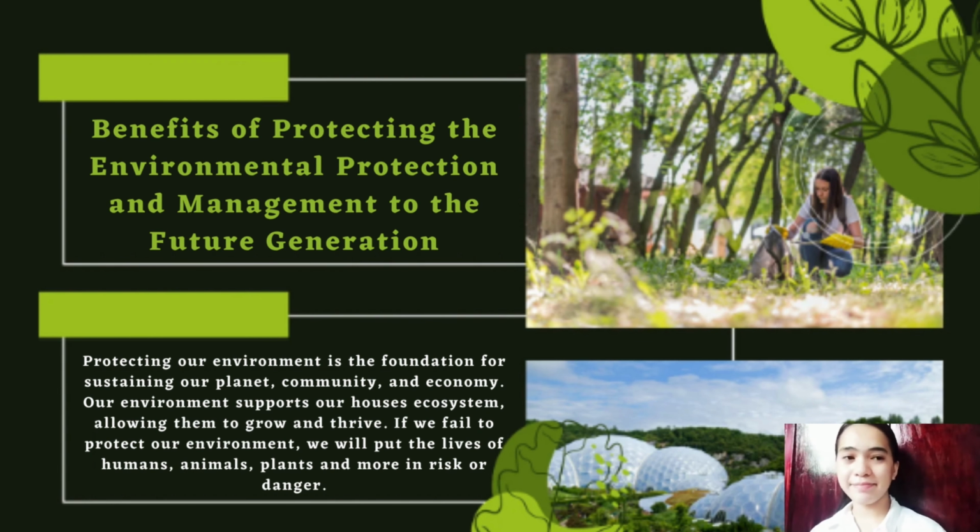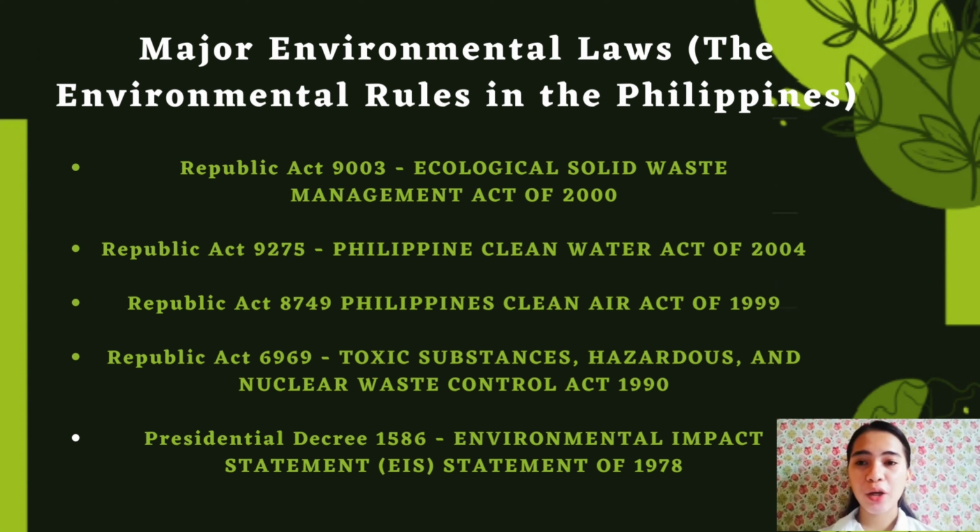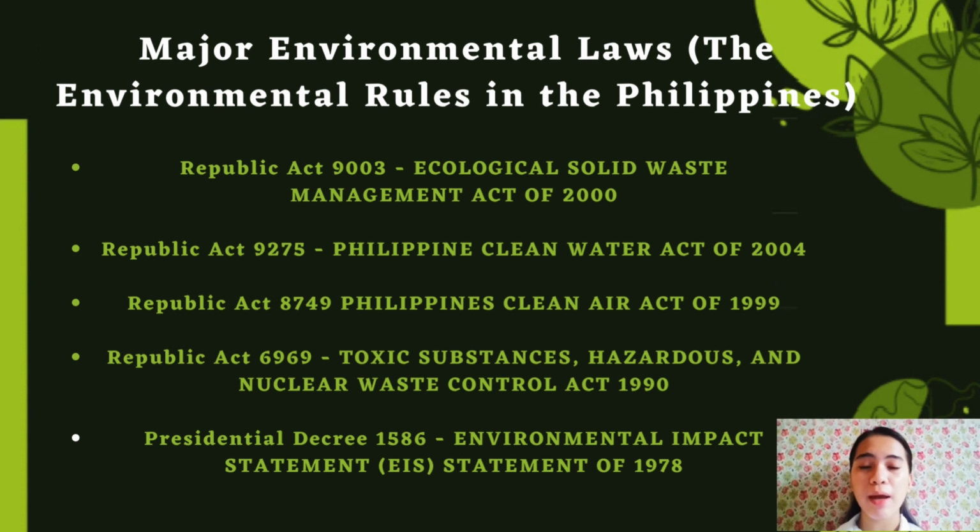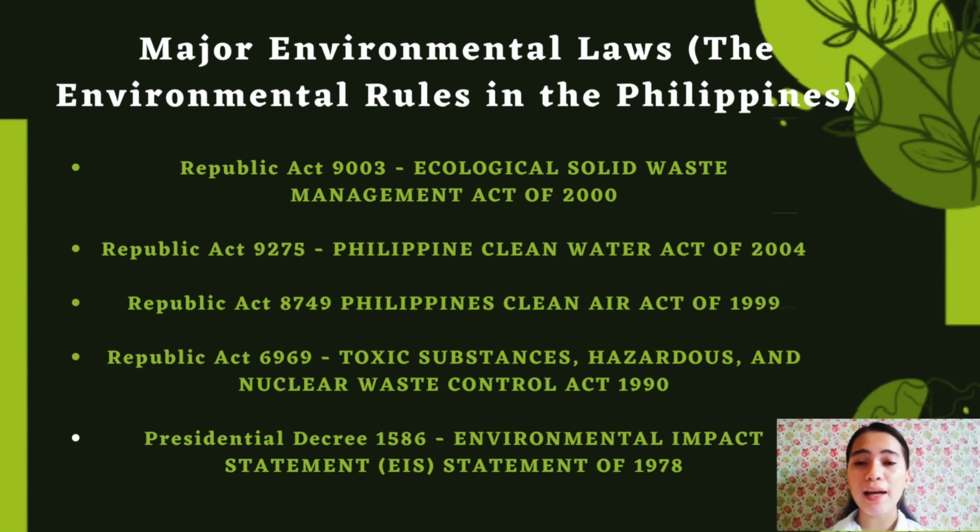So the last one here, we have the major environmental laws here in the Philippines. The first one is the Republic Act 9003, which is the Ecological Solid Waste Management Act of 2000. The second one is the Republic Act 9275, which is the Philippine Clean Water Act of 2004.